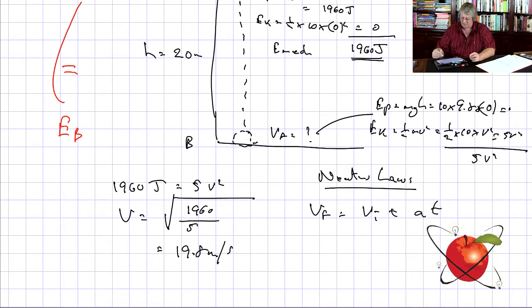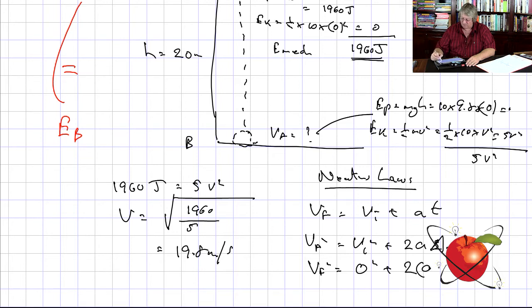Well, we don't know T. We can also go V final squared equals V initial squared plus 2AS, delta X. Okay. Do we know V final? No. But we do know that V final squared, V initial is 0 squared, plus 2 times, what's A? 9.8, it's the acceleration. Delta X is 20. Okay, so what have we got?